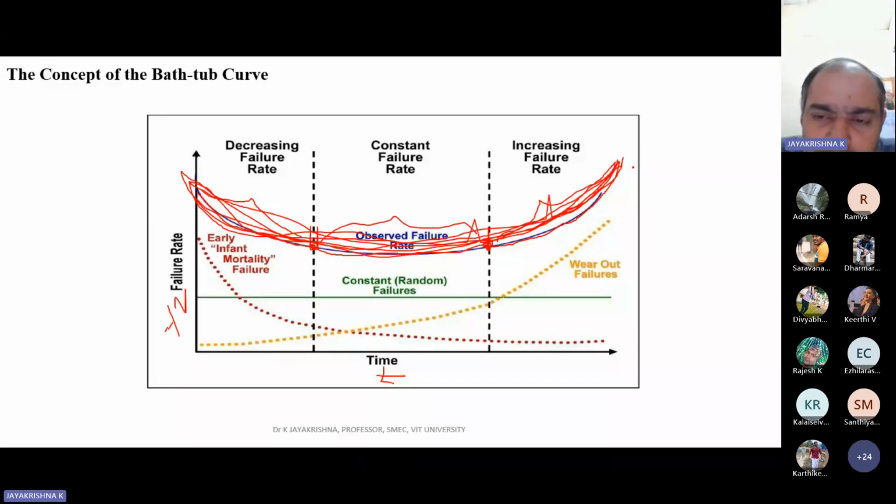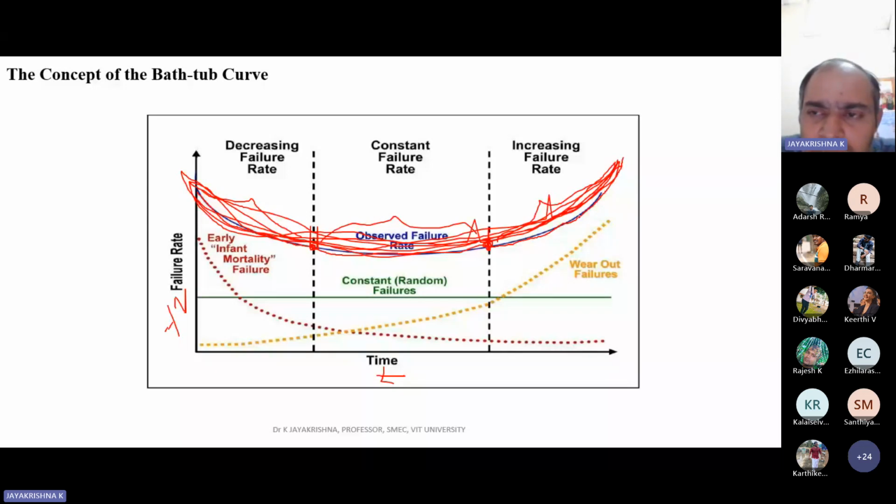So after some 6, 7 years, the vehicle will start to give more trouble, so the failures will be more. Initially the failures will be more, but they will decrease and stay constant, and after some time, due to poor maintenance, they will increase again.